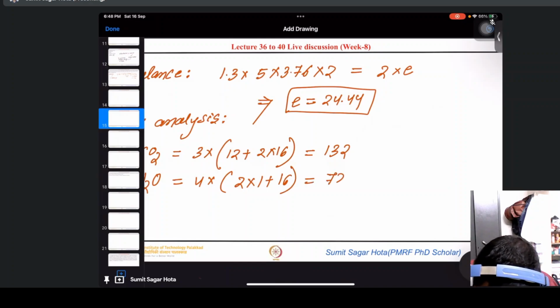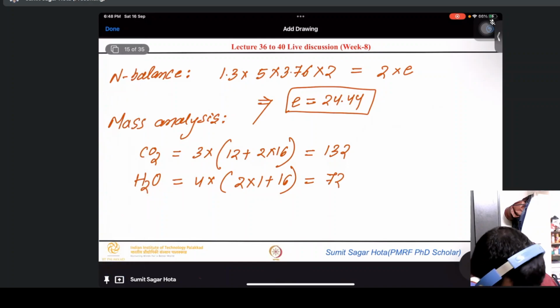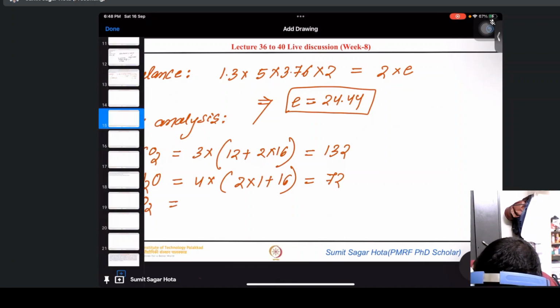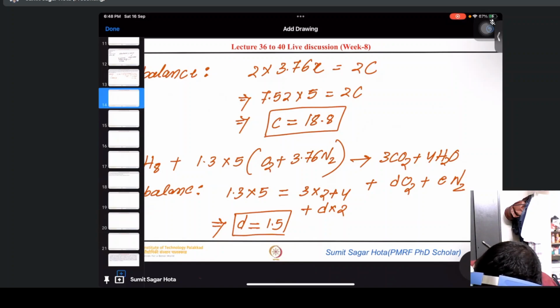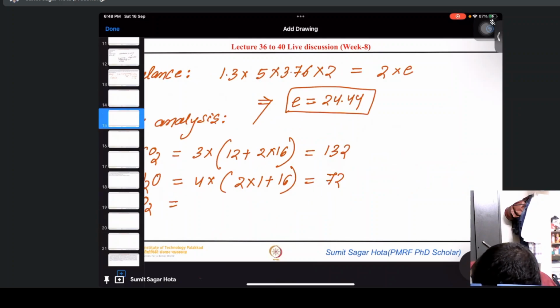Multiplied, 72. Then your O2. How many moles of O2? 1.5.